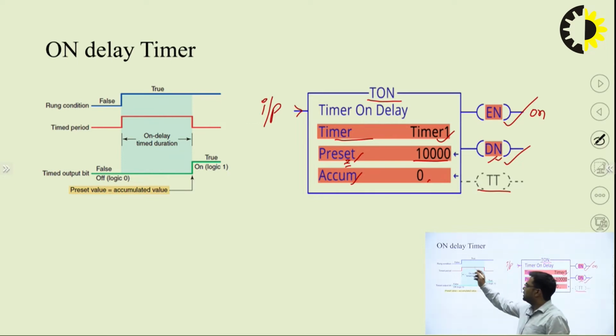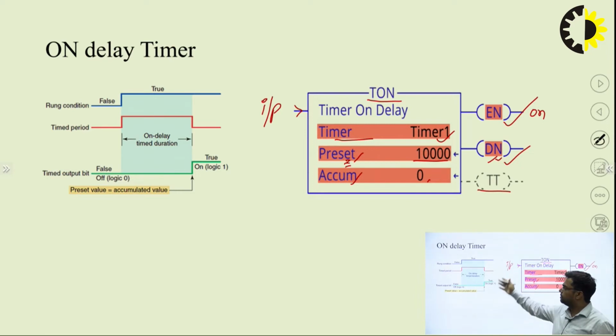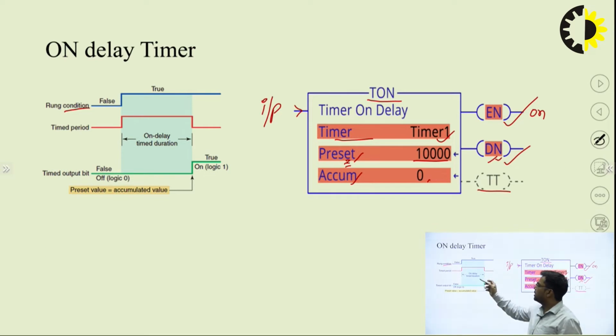You can see the same thing in this diagram. Initially this is the run condition, or you can say the input condition. Initially there is no supply, so the condition is false. As we get the supply, the state changes from false to true, that is from 0 to 1.